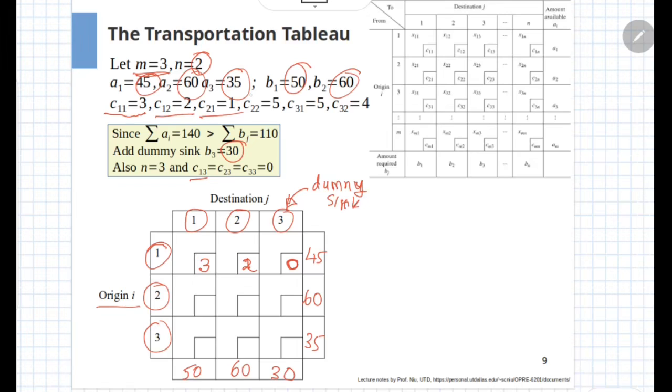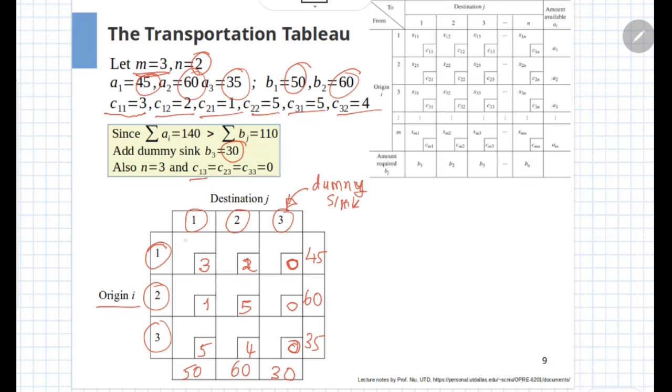Similarly, for C21 it is 1, C22 it is 5, and for dummy it is 0, and C31 is 5, C32 is 4, and for dummy it is 0. In this way, the initial tableau is prepared.